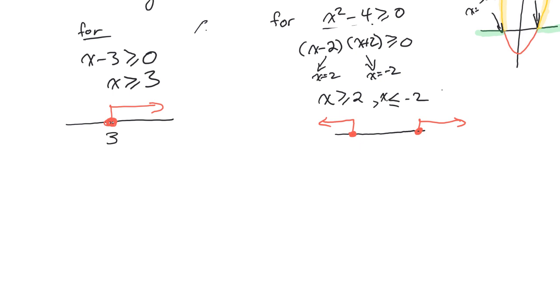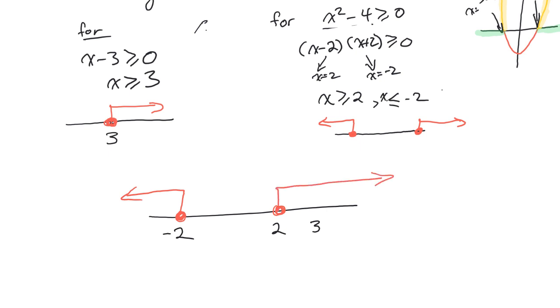So when we combine those two number lines, we end up with this. We have our 3, we have our 2, and we have our -2. My -2 goes this way. The +2 goes this way. And my 3 goes this way. All right.